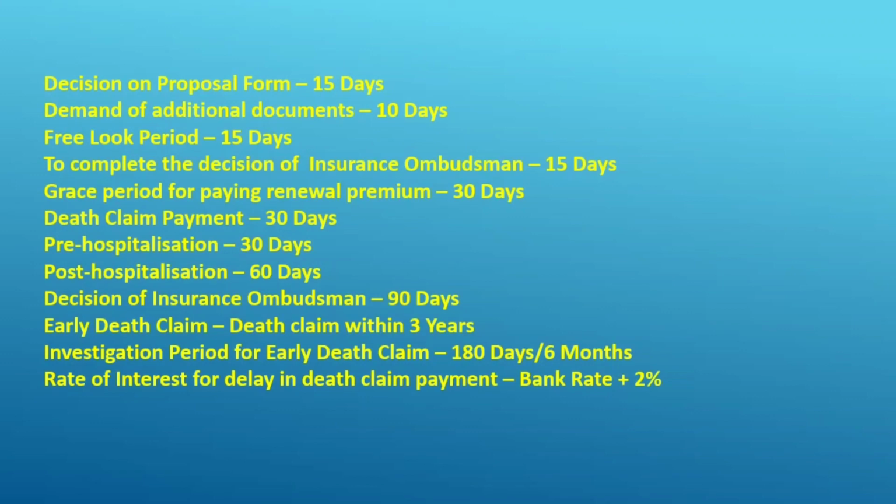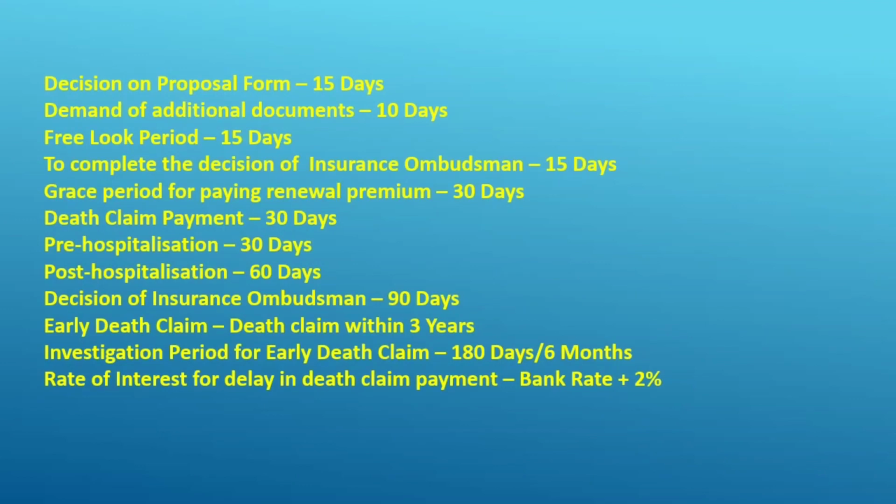We also need to remember some questions which are based on number of days. Decision on proposal form, 15 days. Demand of additional documents, 10 days. Free look period, 15 days. Decision of insurance ombudsman, 15 days. Grace period for paying renewal premium, 30 days. Death claim payment, 30 days.